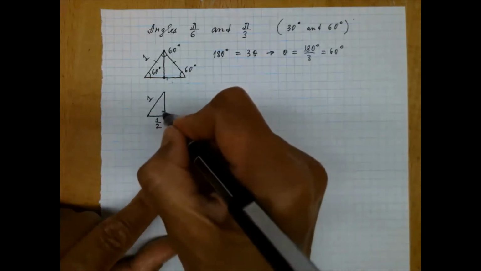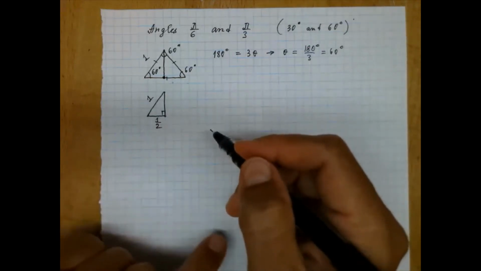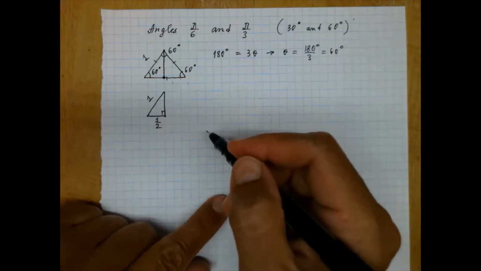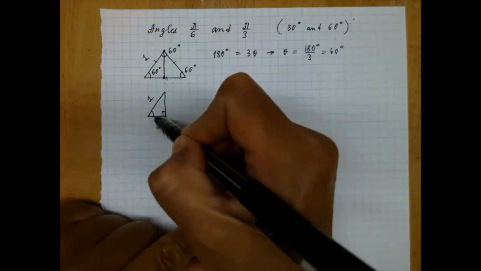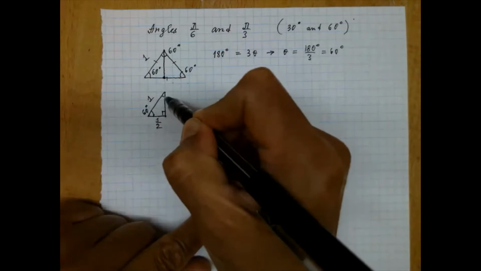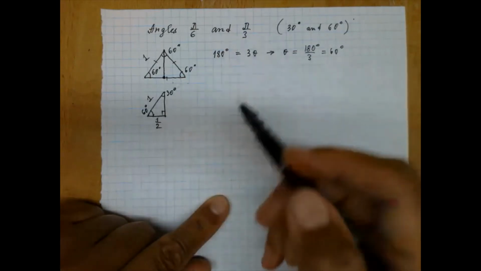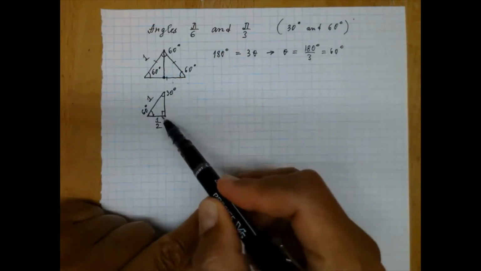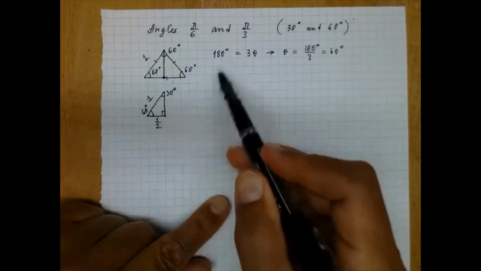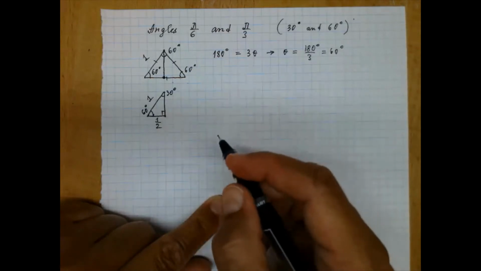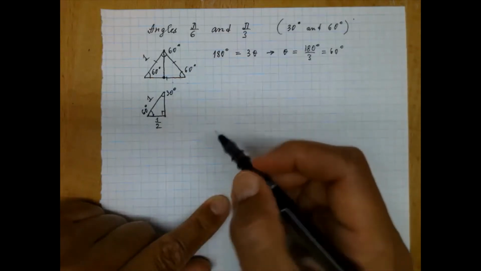We also know that this angle is a right angle, and we can use the Pythagorean theorem. We're going to have a 60 degrees angle here and a 30 degrees angle here, right? 60 plus 30 is 90, so this one's supposed to be 90 to give us 180. For the Pythagorean theorem, what are we going to have?